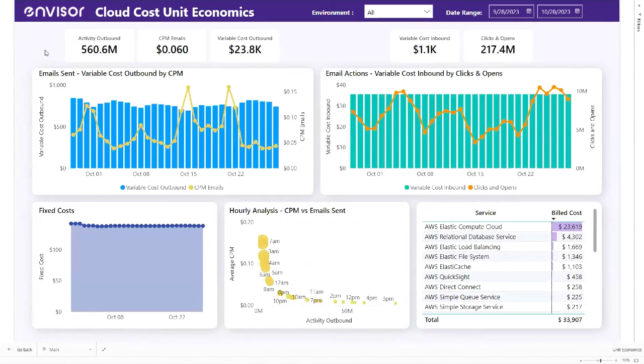We were able to combine those in a Power BI model and come up with some common dimensionality, things like what environment the cloud resources were assigned to, or what environment was producing the activity metrics, as well as obviously date and time.